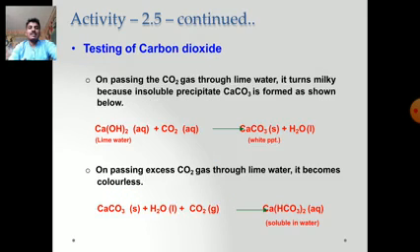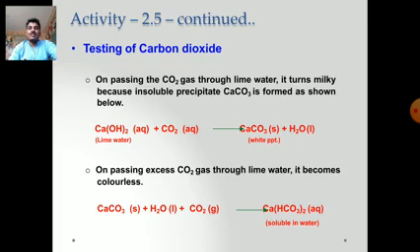This is the test for carbon dioxide. Passing carbon dioxide gas through lime water turns it milky, because an insoluble precipitate, calcium carbonate CaCO3, is formed as shown below. Ca(OH)2, the lime water, reacts with carbon dioxide and is converted into CaCO3, the white precipitate calcium carbonate, plus water.